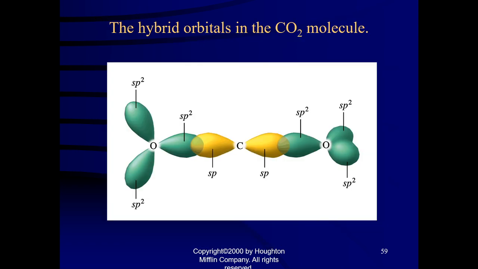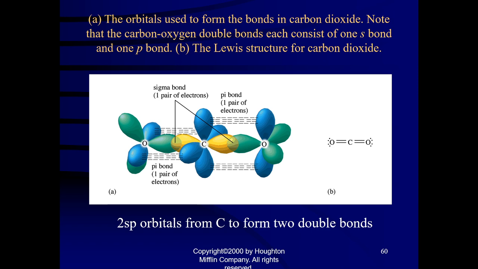There's a sigma and a sigma, then that's sigma, and basically that's a sigma. Then if you go to the next slide, these are head to head. And since carbon has two pure p, there's one pure p there and the other pure p there. So this will interact with that one and this one will interact with this one. So now what you get is that it will form two double bonds.